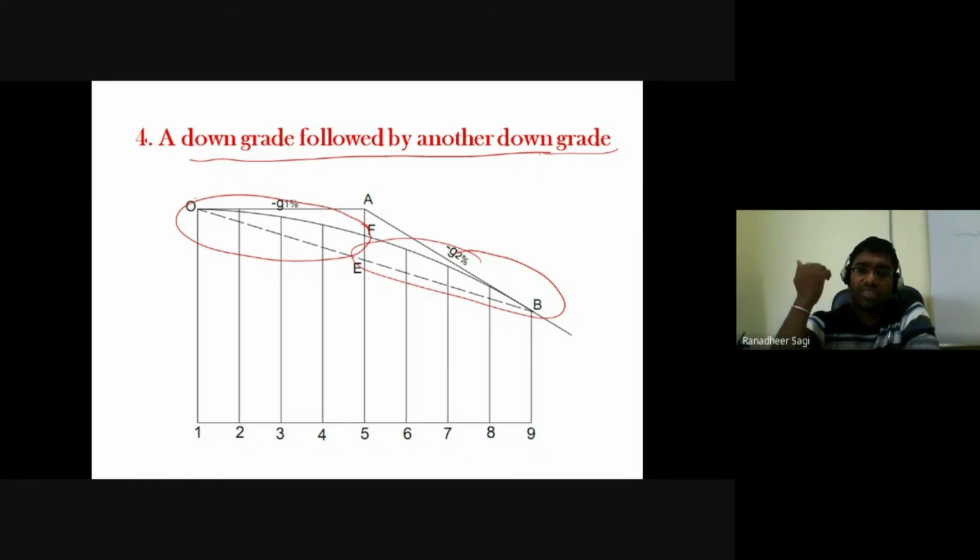In such cases, we implement these specific types of curves according to your necessity and the need of that particular field condition. So it is all about the complete surveying course.